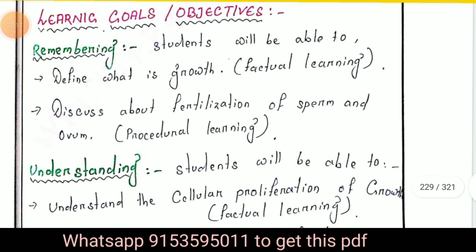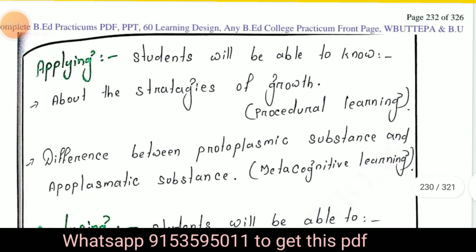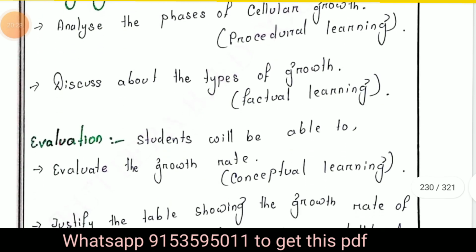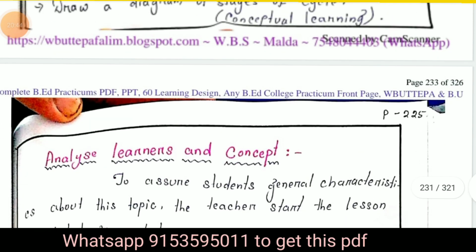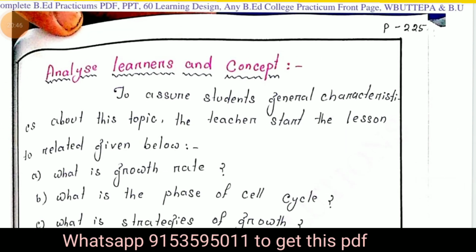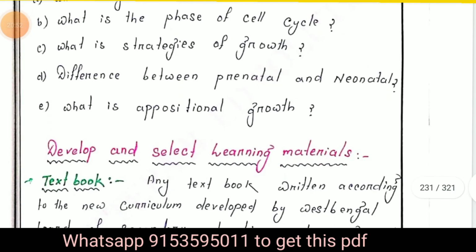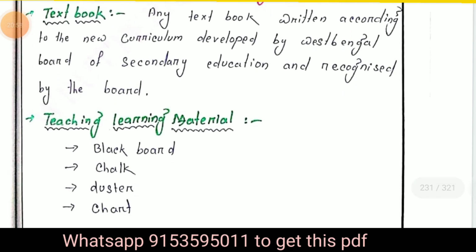Learning goals or objective: remembering, understanding, applying, analyzing, evaluation, creating. Analyze learner and concept. Here some questions are added. Develop and select learning material: textbook, teaching learning material, blackboard, chalk, duster.